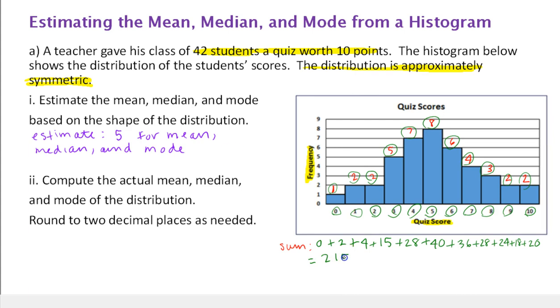Now that we know the sum, we need to divide the sum by the total number of quiz scores. We could add up all these frequencies to find the total number of scores, but we were also told up here that there were 42 students. So let's use that value, to save us a step. So the mean is 215 divided by 42.